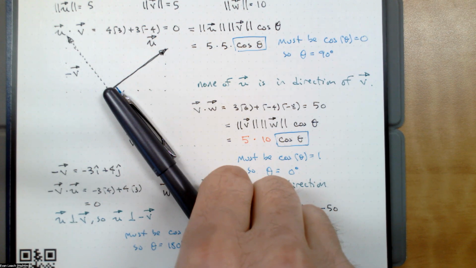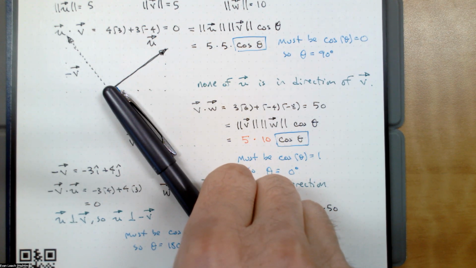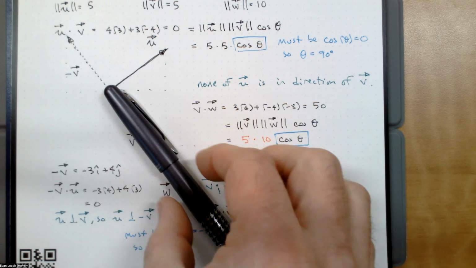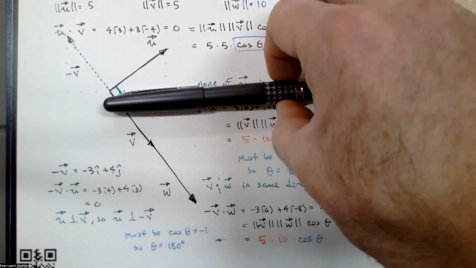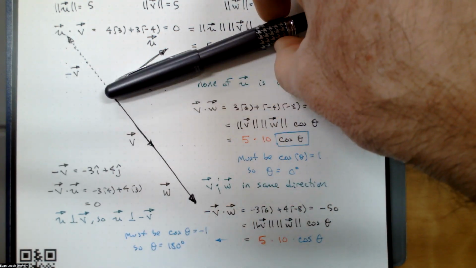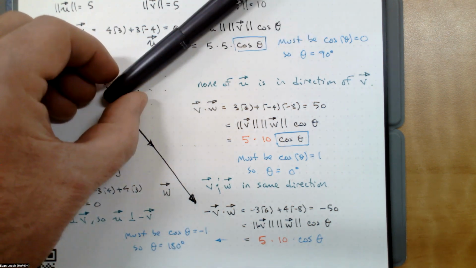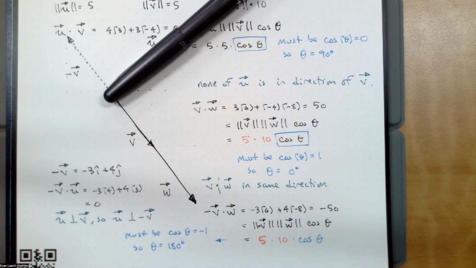Here, cosine of 0 is equal to 1, so we're just getting 100% of the product. Then as theta increases up to 90, we get less and less of the pen vector going in the direction of the v vector, until we get to 90, where none of the pen vector is going in the direction of the v vector. And so our dot product is 0.